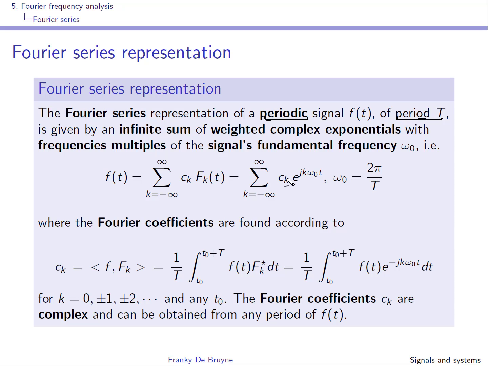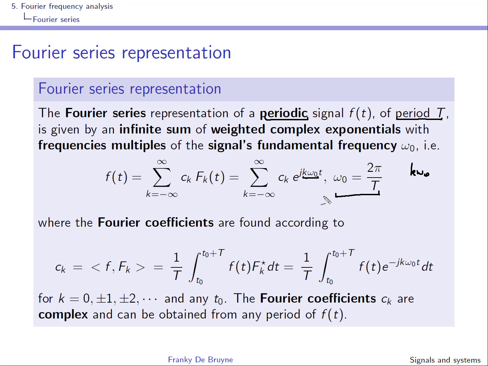And in this infinite sum, you have these complex exponentials at different frequencies, where omega 0 is the fundamental frequency, 2 pi over T, and you see that in this sum we have multiples of this fundamental frequency, and k omega 0 will be the kth harmonic of the fundamental frequency.